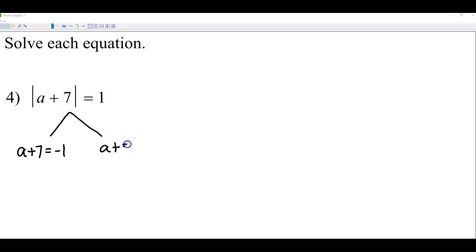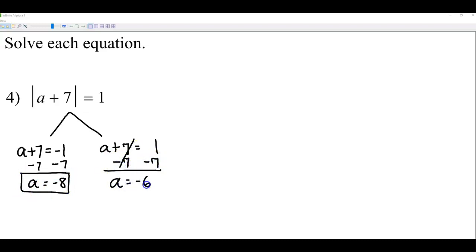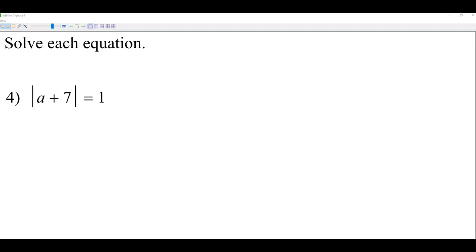And then you set the part that's inside the bars equal to a positive version of the number that's on the right. Now in this case, we do have some solving to do. I've got to subtract 7. And so I end up with negative 8 as one of my answers. And negative 6 as my other answer. And there you have it.